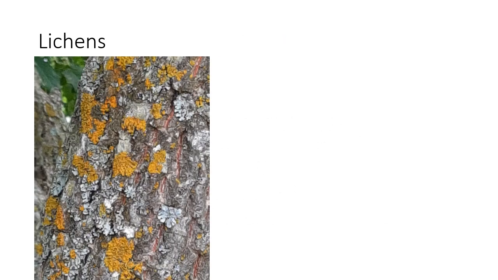So first of all, lichens, these are part of the association of algae and fungi. Mostly these lichens have two categories. One is known as a foliose lichen and another is known as a crustose lichen.